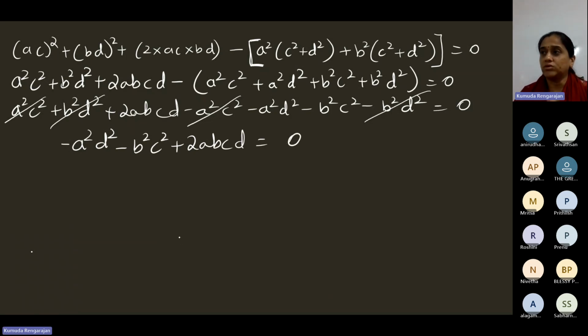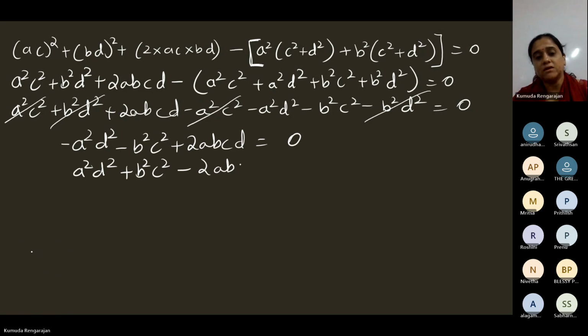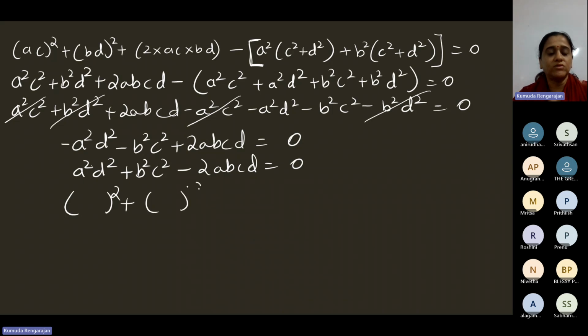Change the signs throughout. So you have a squared d squared plus b squared c squared minus 2abcd is equal to 0. Change the signs throughout. Write the opposite signs. Minus plus. So it's plus minus. Now this is x the whole square plus y the whole square minus 2 into x into y is equal to 0.